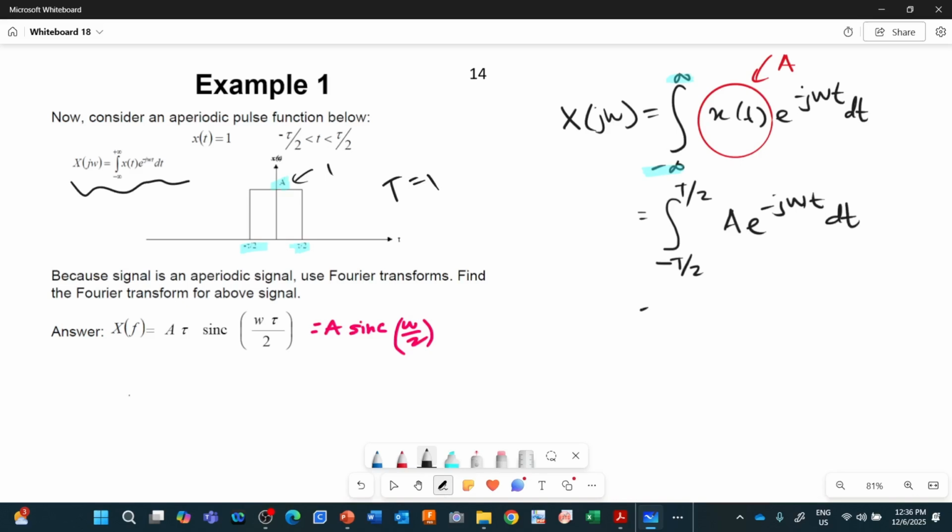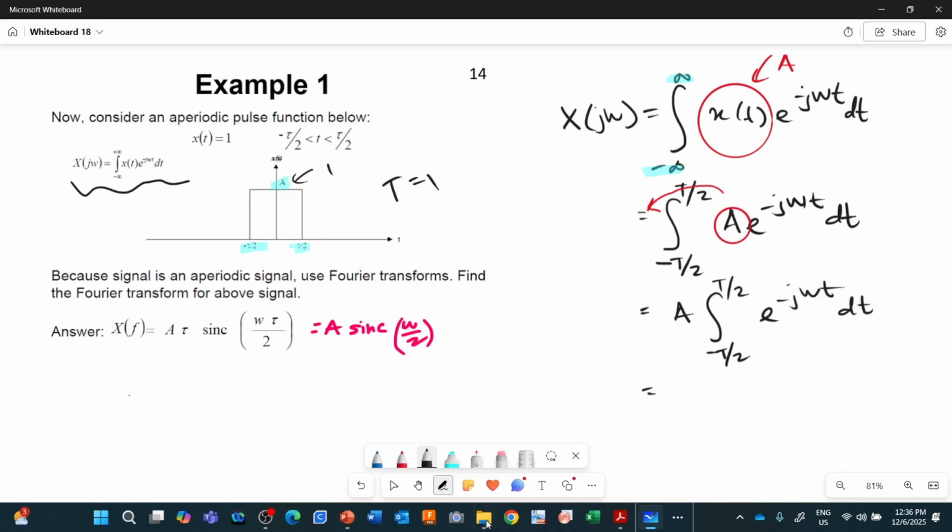So what do you get if you integrate? We have a constant, so take it out in front first so that you don't get confused. So A integrated between minus tau over 2 and tau over 2 of e to the minus j omega t dt.